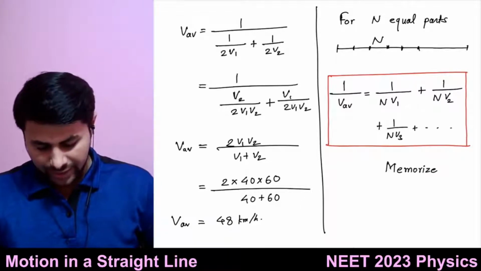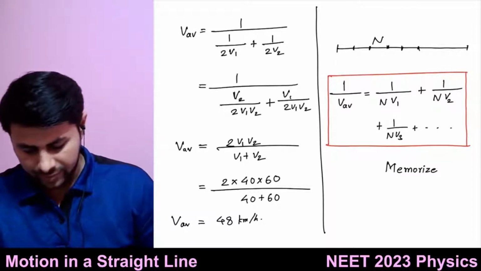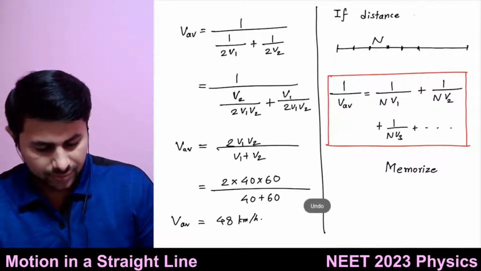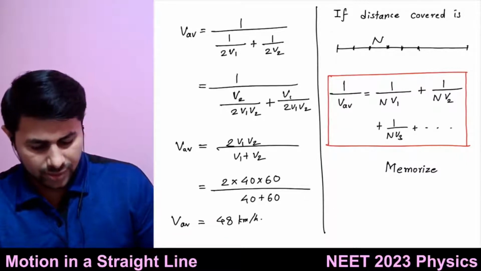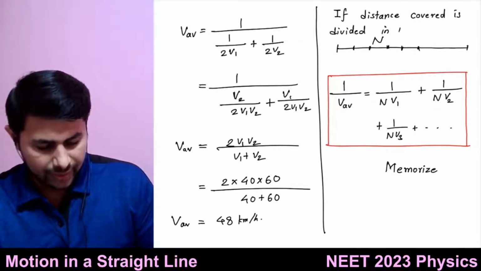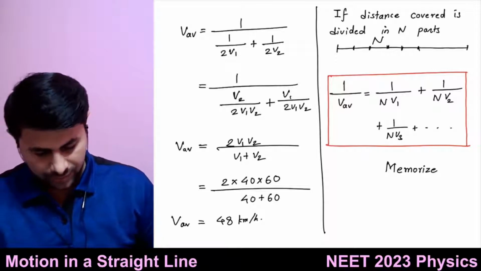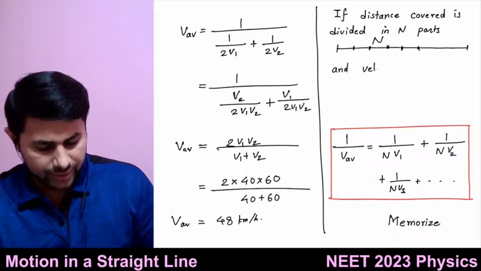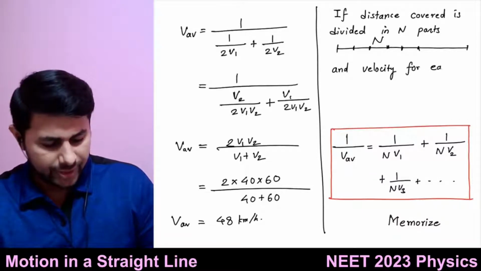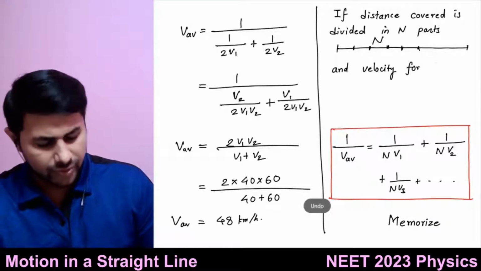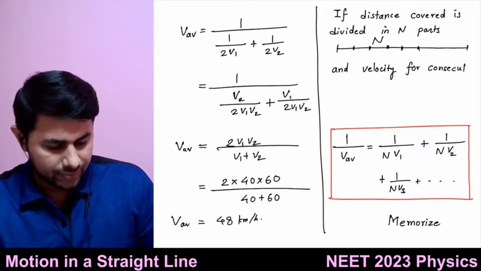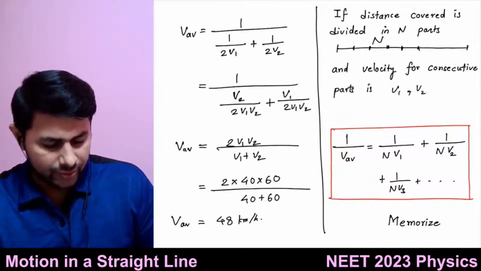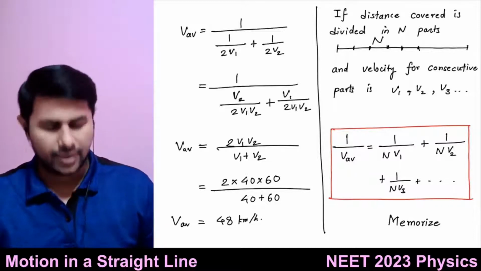So got it? So I will write it clearly. If the distance covered is divided in n parts and the velocity for the consecutive parts is v1, v2, v3, so on and so forth, then the average velocity is this.